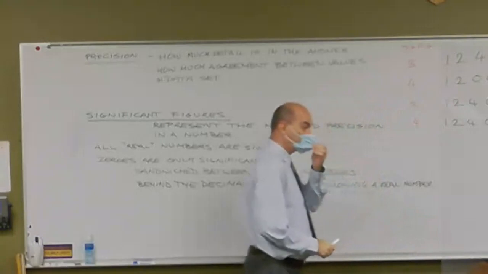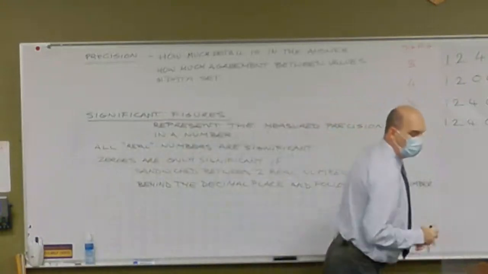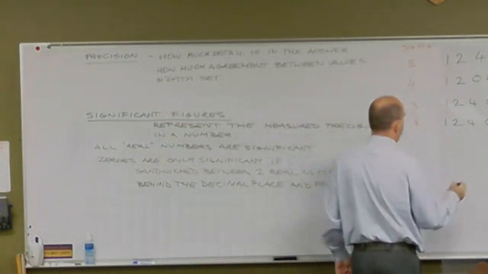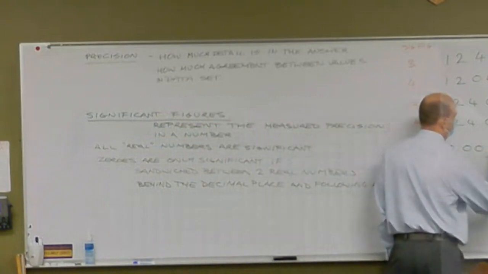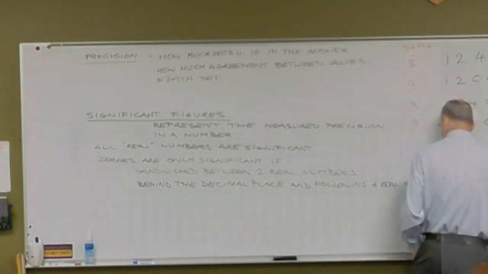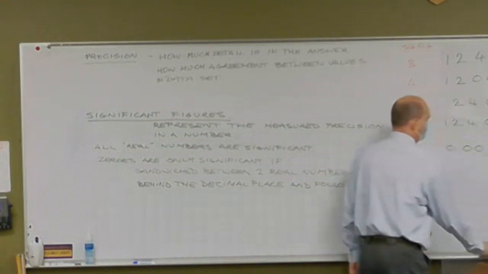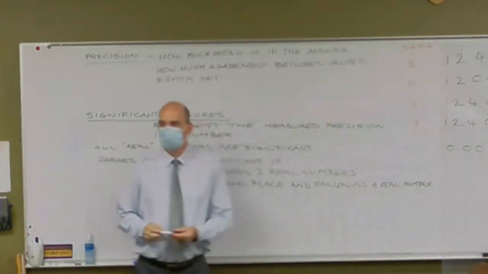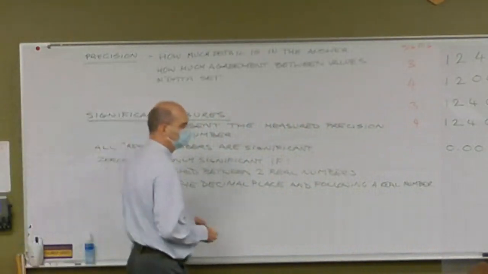Okay, let's look at some numbers that have perceived precision because they have decimals. 0.00124.